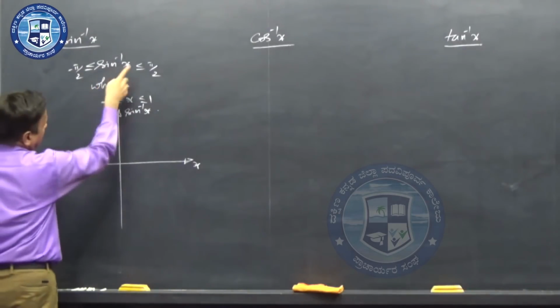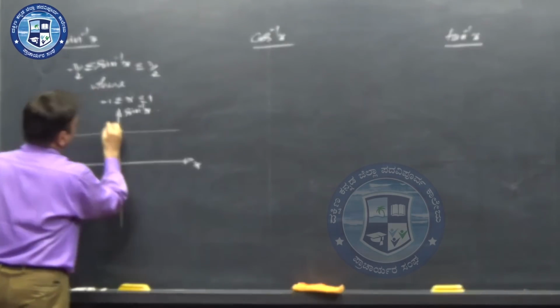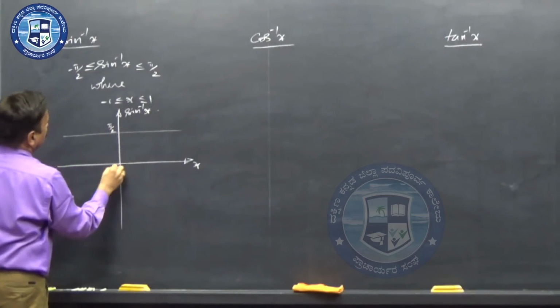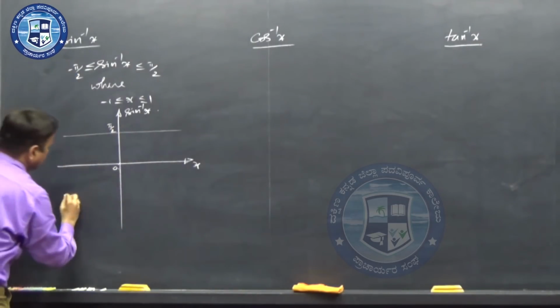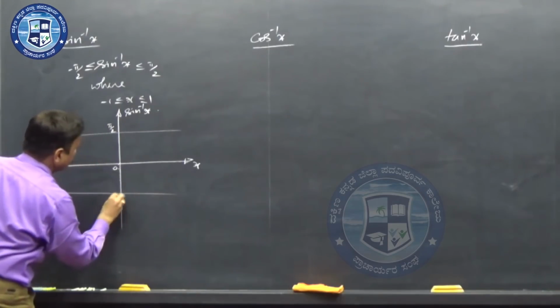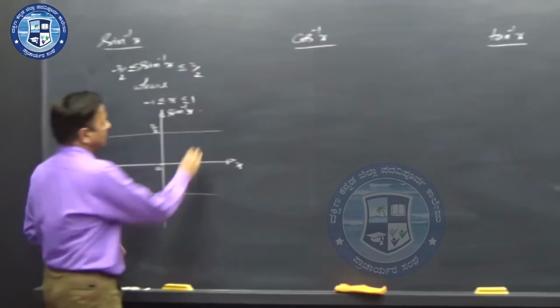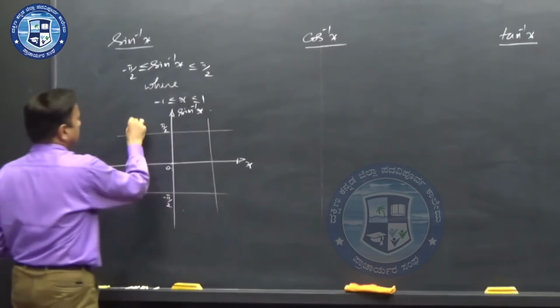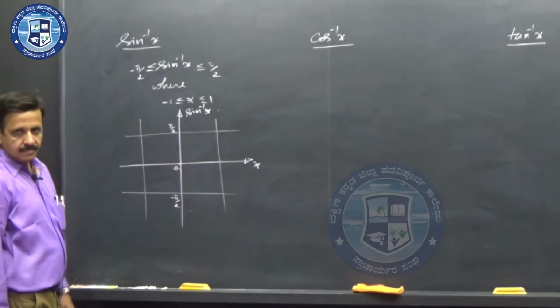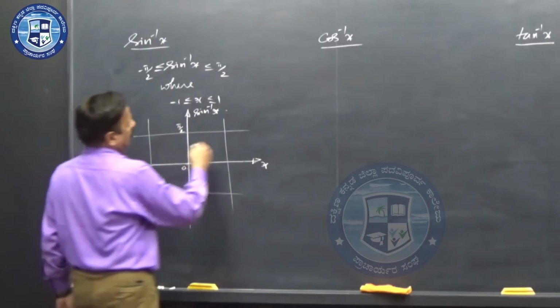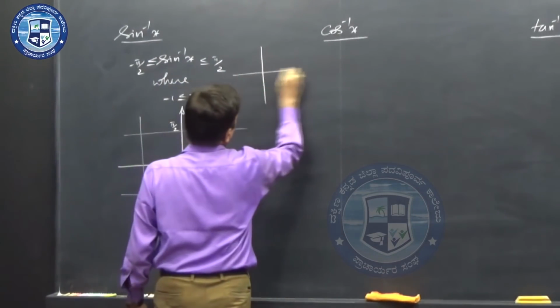The maximum value of sine inverse x is pi by 2 and the minimum value is minus pi by 2. In that, the maximum x value is 1 and the minimum is minus 1, and this is the area where sine inverse x can vary.